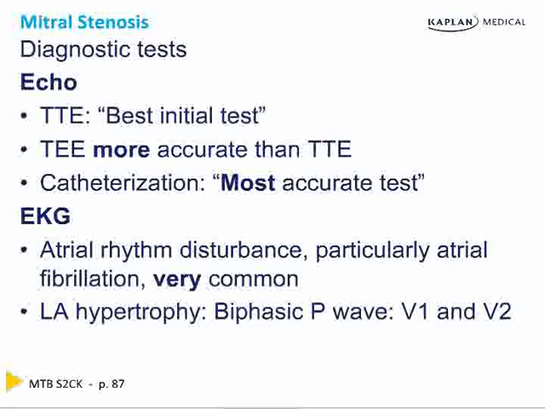Posterior. Where are the leads? Anterior. So it pulls the electricity away from the lead, and that's why the first part of the P wave goes forward to the right atrium, and the second part of the P wave goes backwards to the left atrium. Biphasic. Up, down, up, down.